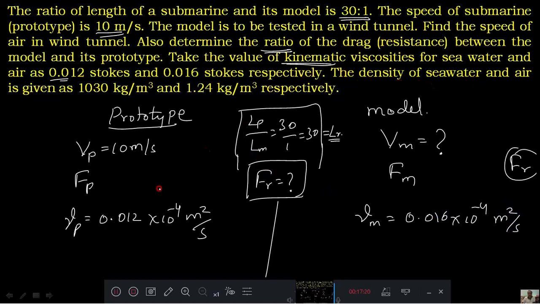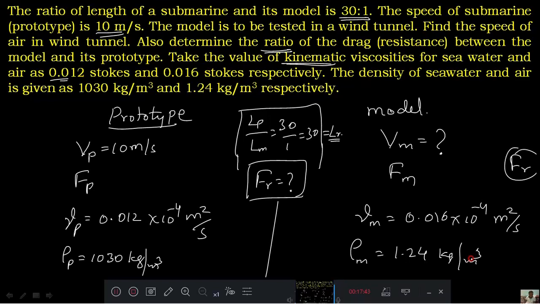The density of the seawater is rho p equal to 1030 kg per meter cube, and the density of the wind, rho m, is 1.24 kg per meter cube. Understood? These are all the data given, and what do I have to calculate?